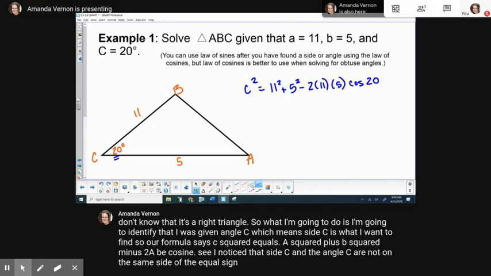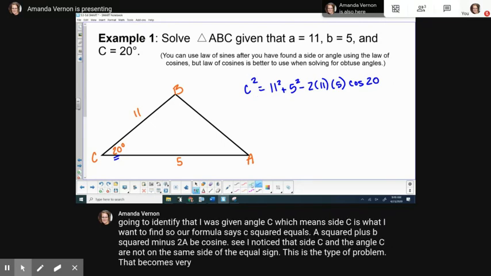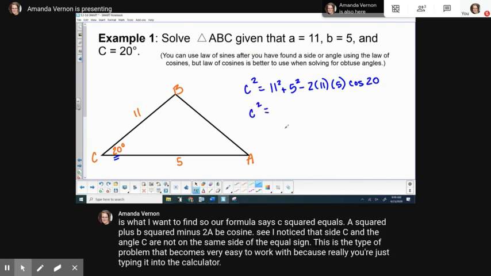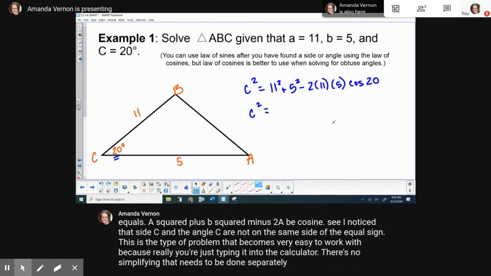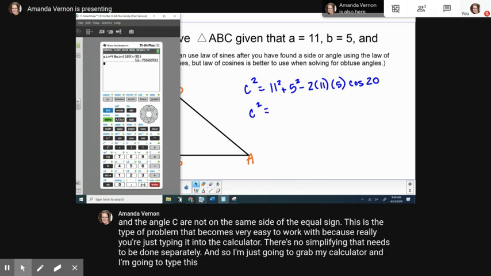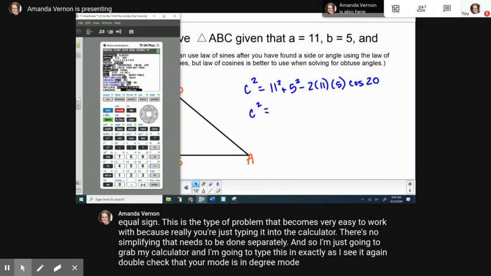This is the type of problem that becomes very easy to work with because really you're just typing it into the calculator. There's no simplifying that needs to be done separately. And so I'm just going to grab my calculator and type this in exactly as I see it. Again, double check that your mode is in degree mode. We are, and I can go ahead and just type it in.